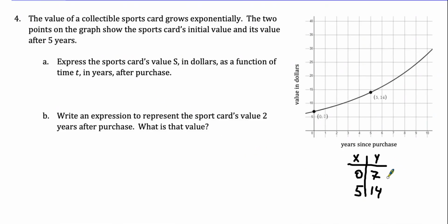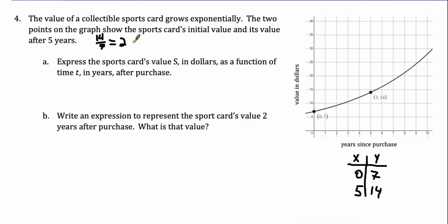Well, if I look at my table here, I can get my growth factor over an interval of 5. So to do that, I would just divide a value by the previous value. So 14 divided by 7 is 2. But that is over an interval of 5, right?